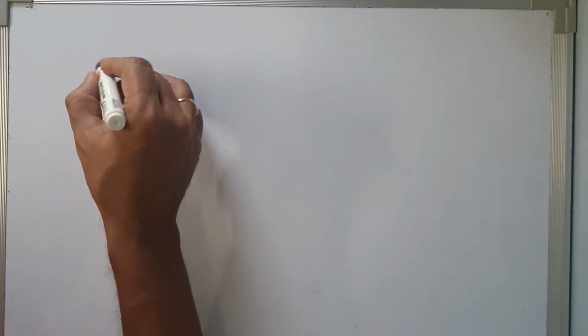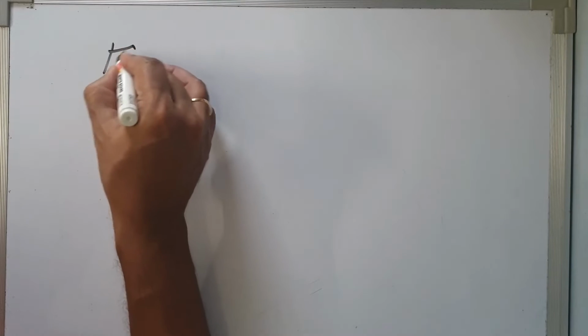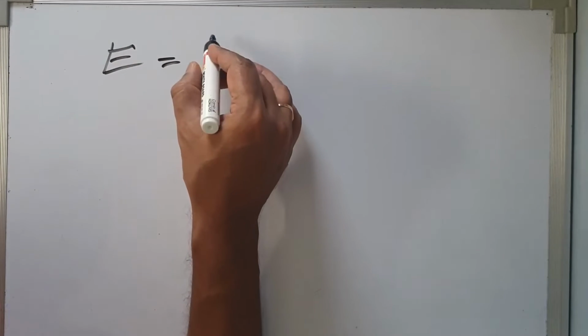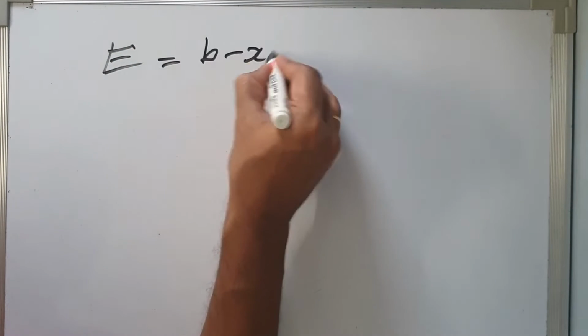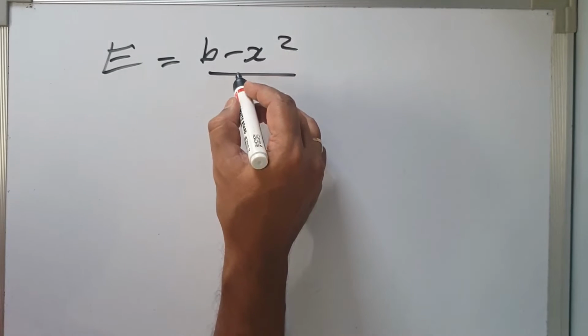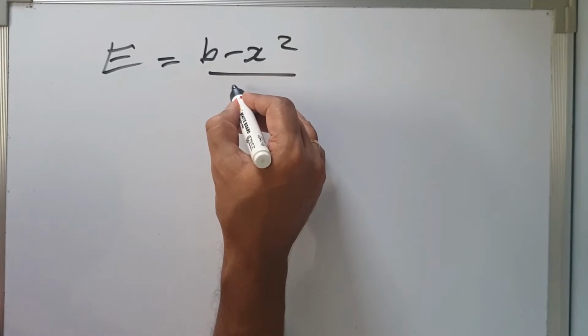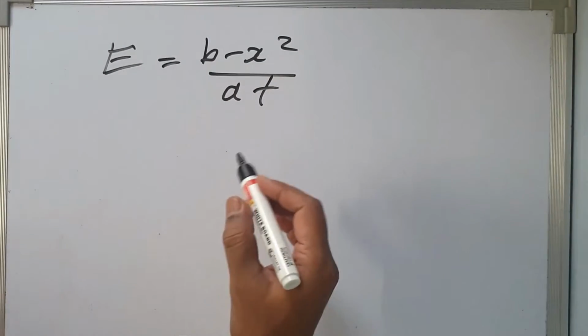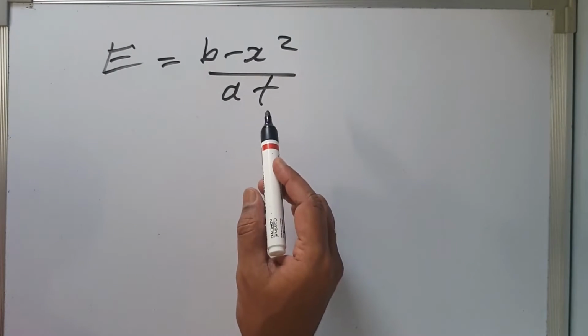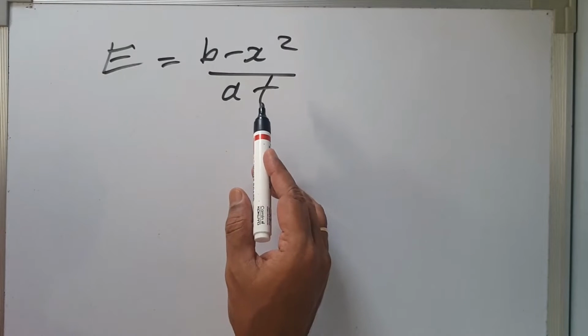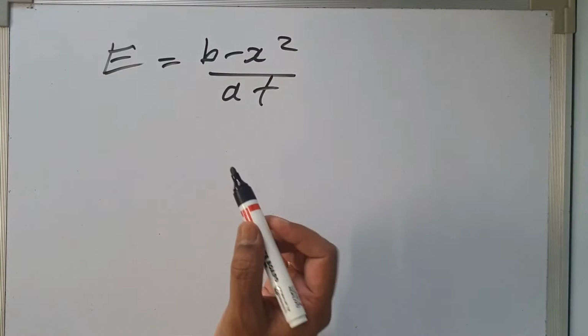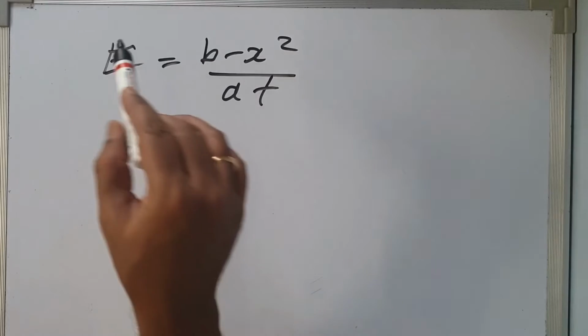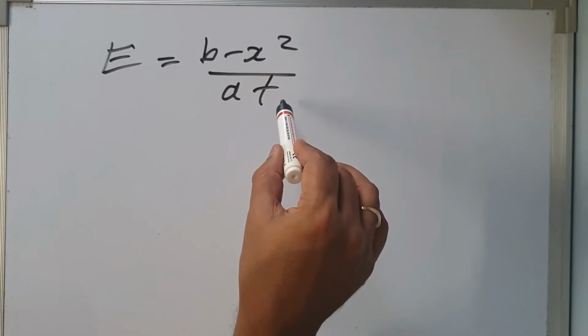The 10th question was E is equal to b minus x squared upon a t, where E is energy, x is distance and t is time.